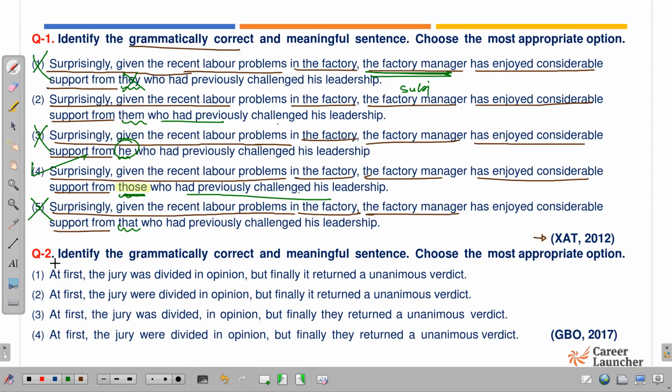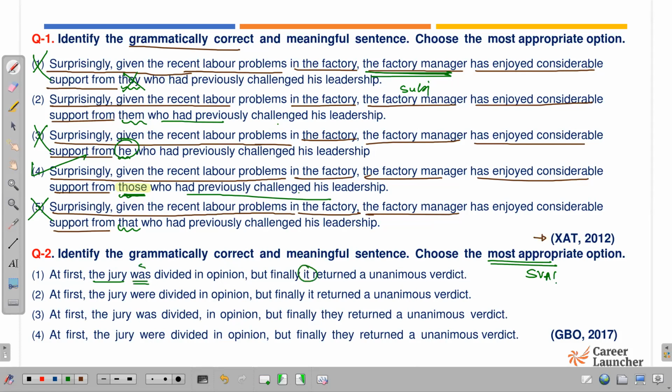12, second, an amazing question. Again, this is basically a subject verb agreement question. So how nouns are misused, or how nouns act differently. So for example, the jury was divided in opinion, but finally it returned.